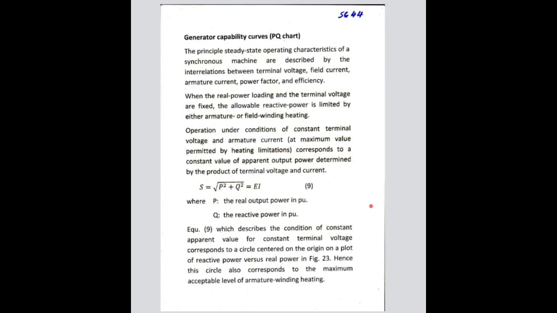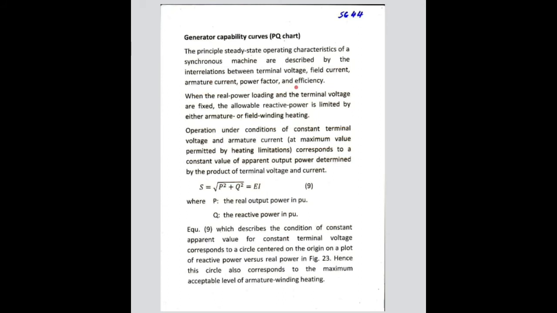Right, so if we look at a synchronous generator, the operating characteristic of the machine is described by the interrelationship between these parameters: the terminal voltage, the field current, armature current, the power factor, and the efficiency.